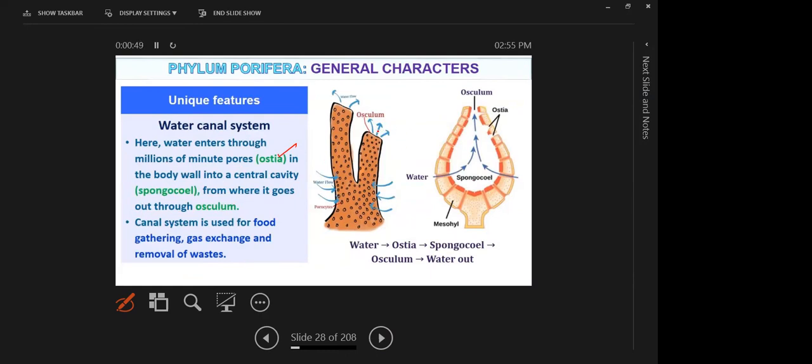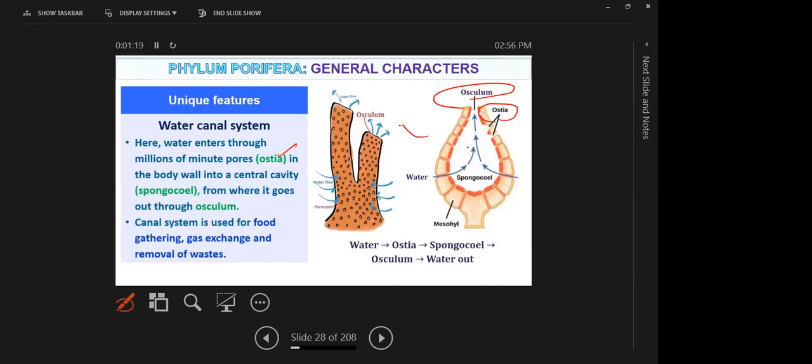What is the osculum? In the center, the central cavity. This is the osculum, a single opening. Ostium is a single pore and ostia is plural. So water enters through ostia and exits through the osculum.